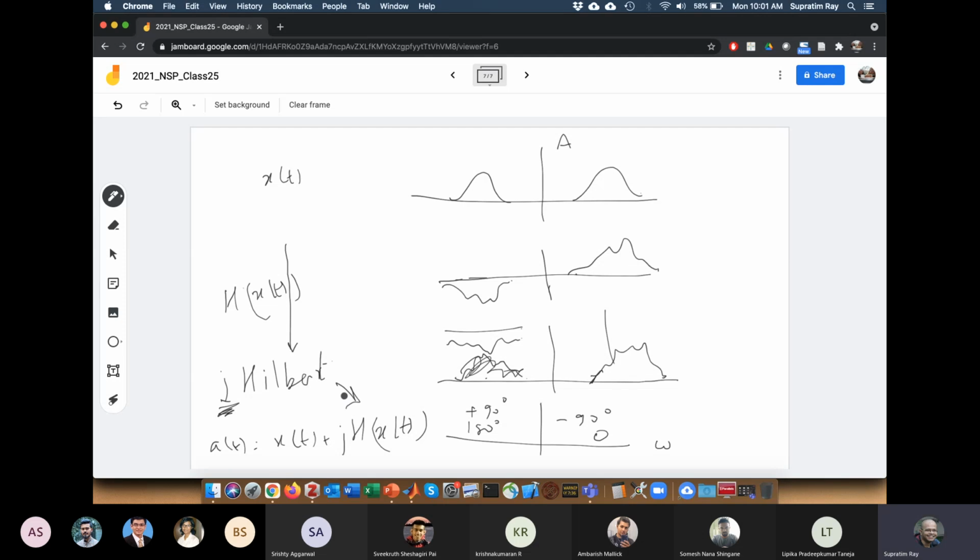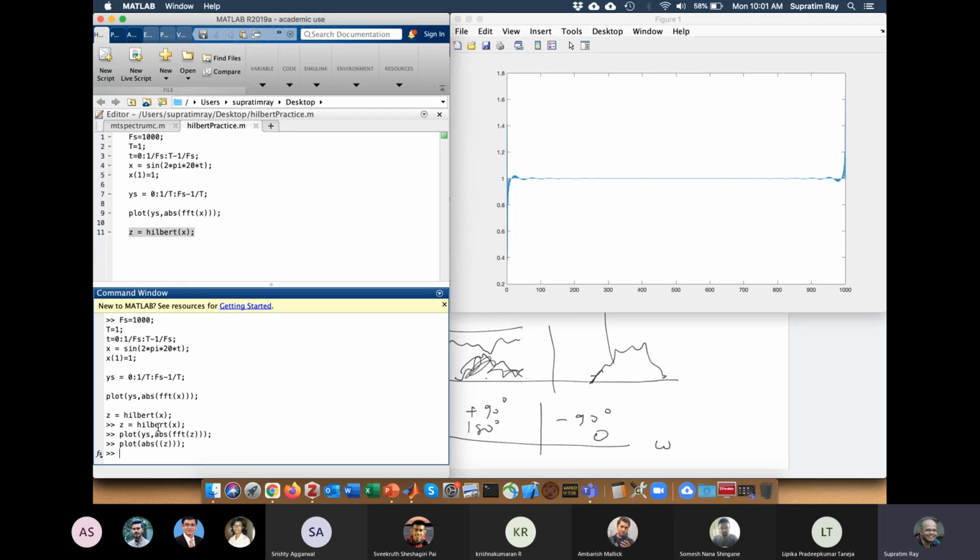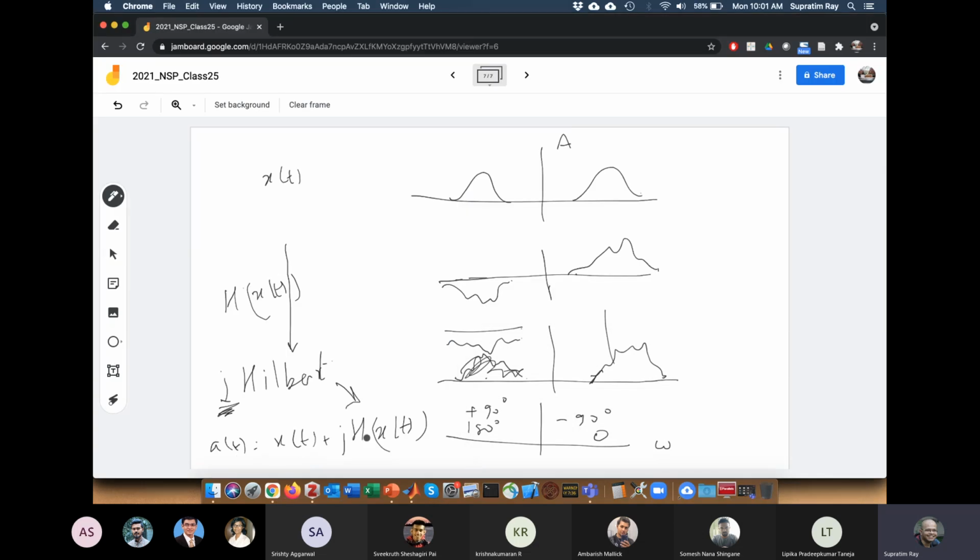Okay, so it's a single command in MATLAB, hilbert of x. But what it's doing is actually x(t) plus j times Hilbert transform of x(t).